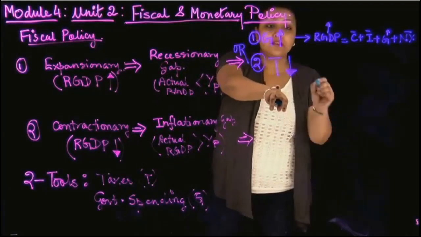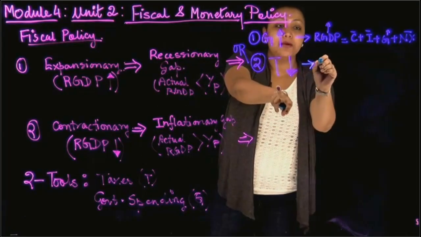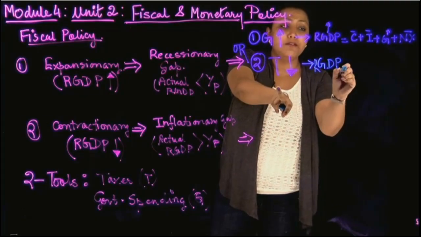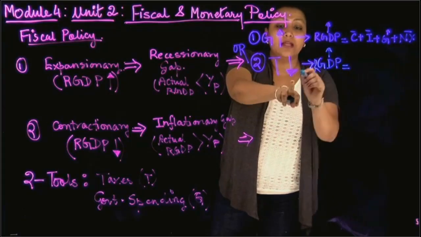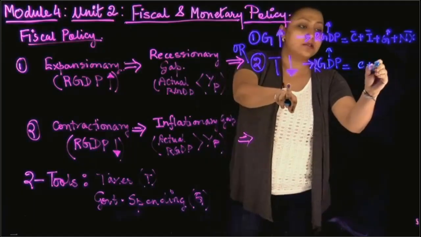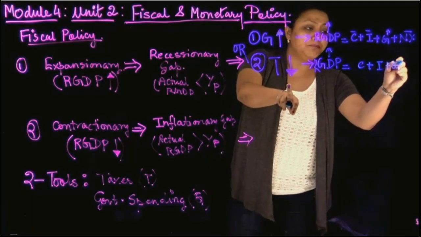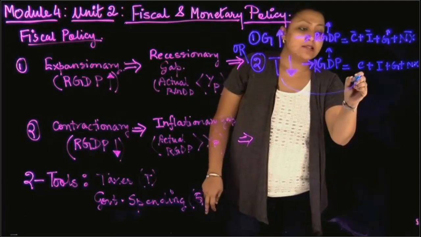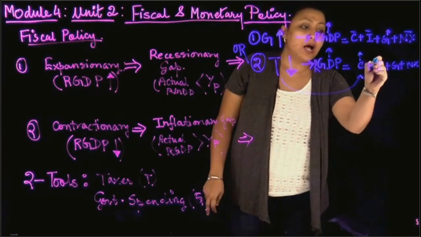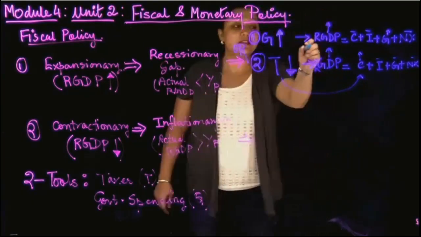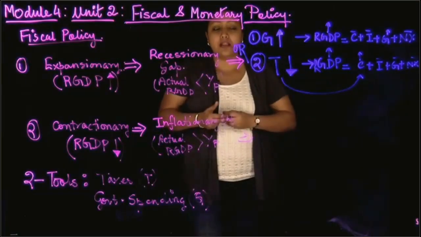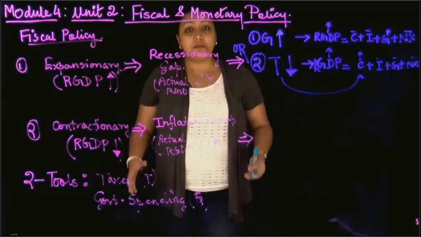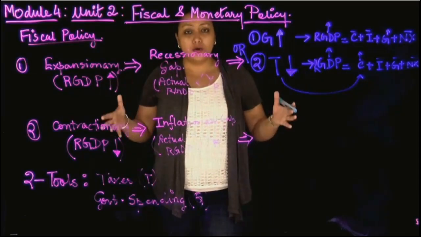Now if the taxes go down, even then there would be an increase in real GDP, because due to a decrease in taxes, consumption would go up and hence the real GDP would go up. Why would the consumption go up if the taxes go down? Think from the perspective of the households.